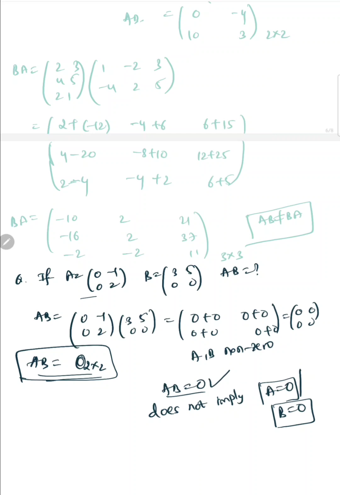So this is a remark, which says that the product of two matrices can be 0 even when both are non-zero matrices. It should be remembered.